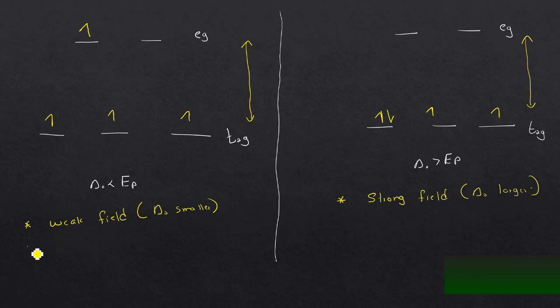And the other most important thing is, in this case we can see the complex is high spin. What does this mean? High spin. In this case we call it low spin. Here, if I denote these electrons based on their spins, all these spins are rotating in the same direction. Let's say it's +1.